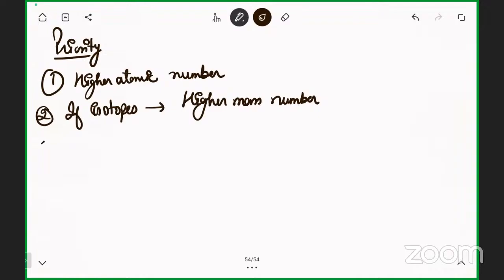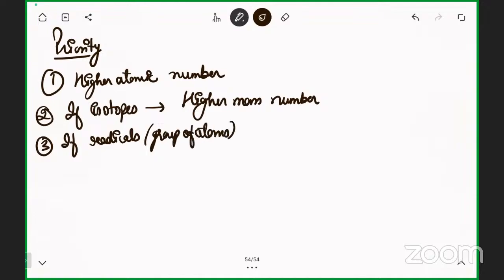If radicals are present, or you can say group of atoms, then what will you do? You'll see the atomic number of the first atom only.